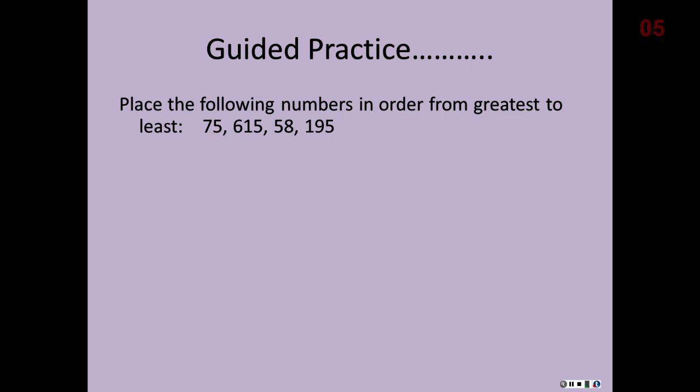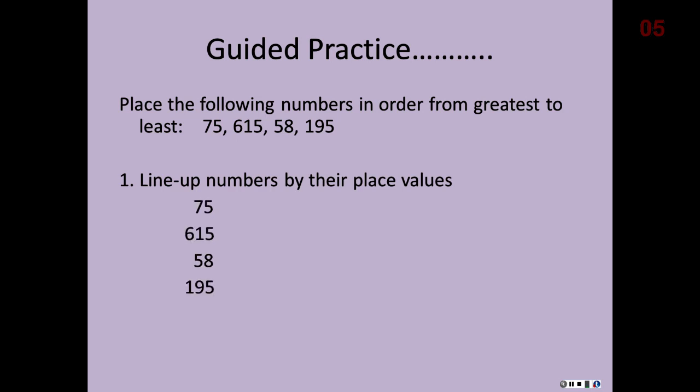So a strategy for using ordering is to just actually line them up by the place values, because you guys know what place values are, right? So if you line them up by the place values, it's pretty easy to see which is smaller, which is larger. So the thing you need to focus on, and I had to tell a lot of you this yesterday when you were doing your practice tests, is reading the question.